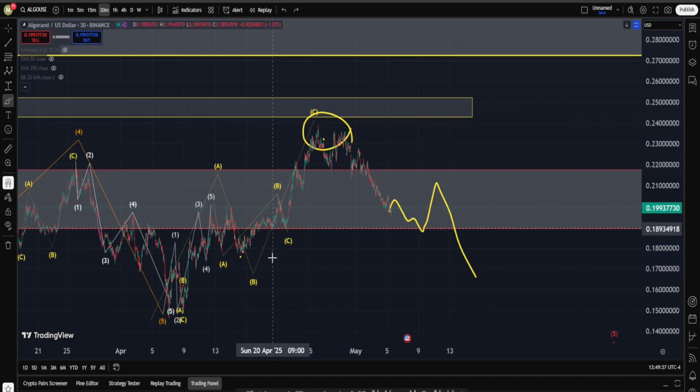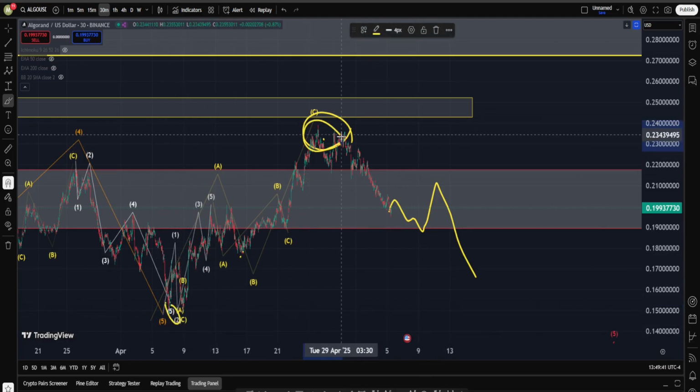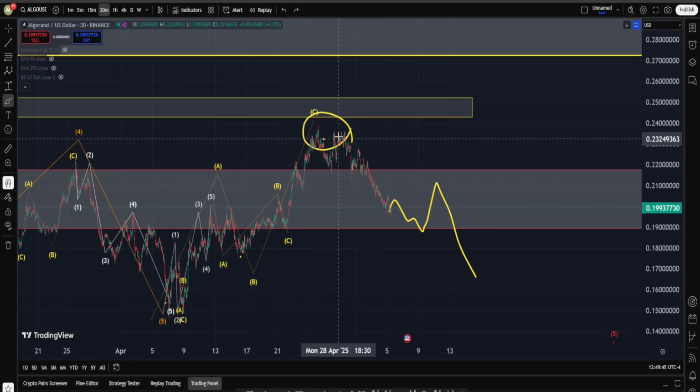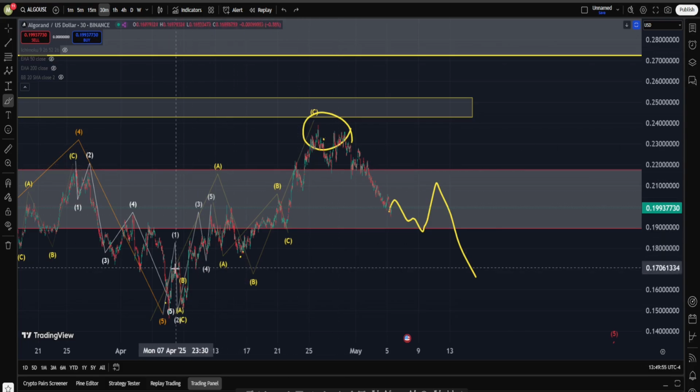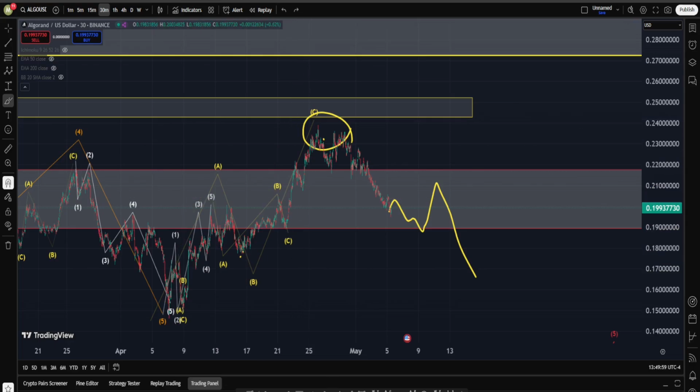Because at that point, finding an impulse starting from here and ending to about this high is going to be extremely challenging. And don't get me wrong, it is possible to find a 5-wave, but the shape of it is going to look so odd to a degree that it's going to make me say, you know what, that's not going to be my primary case. I'm going to be much more comfortable considering this a C in form of a zigzag, indicating the final low most likely is not in yet.